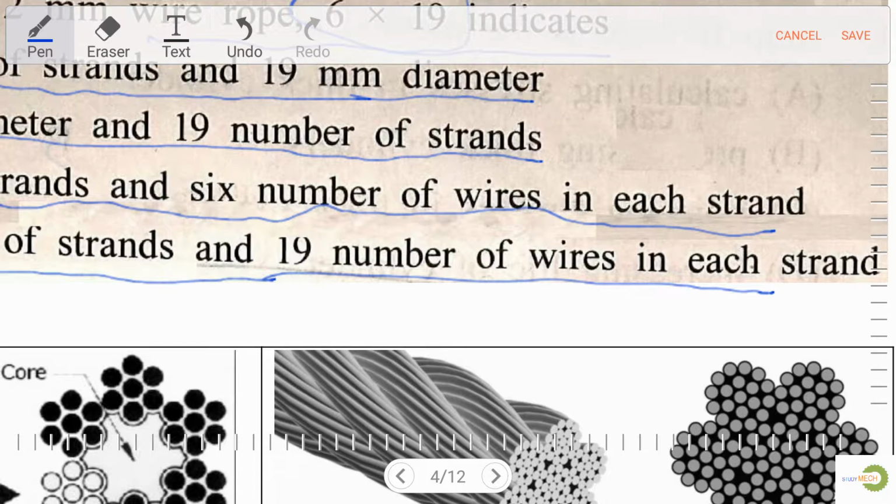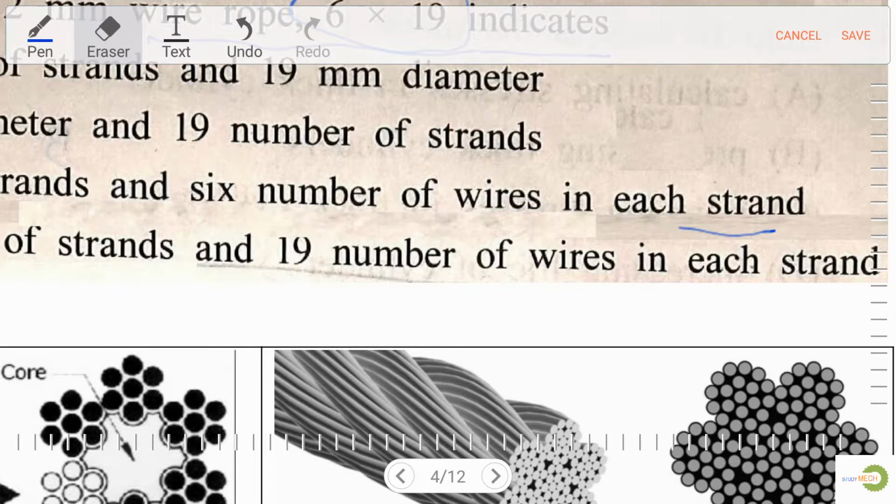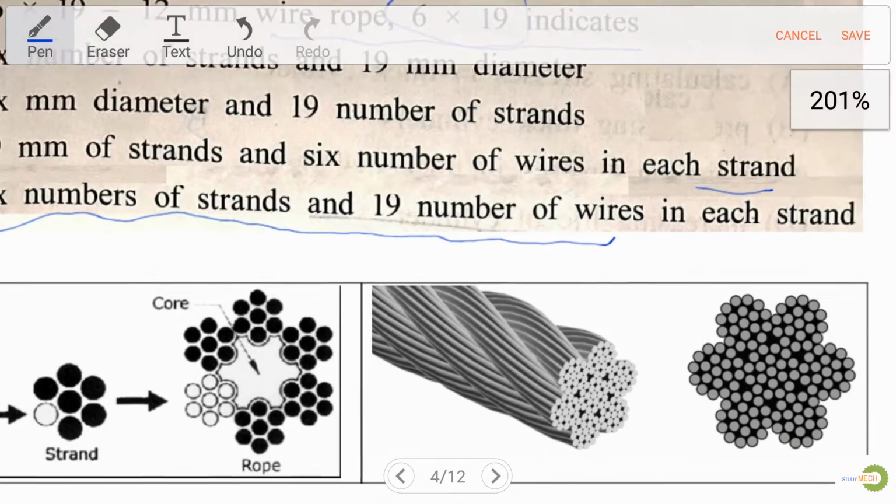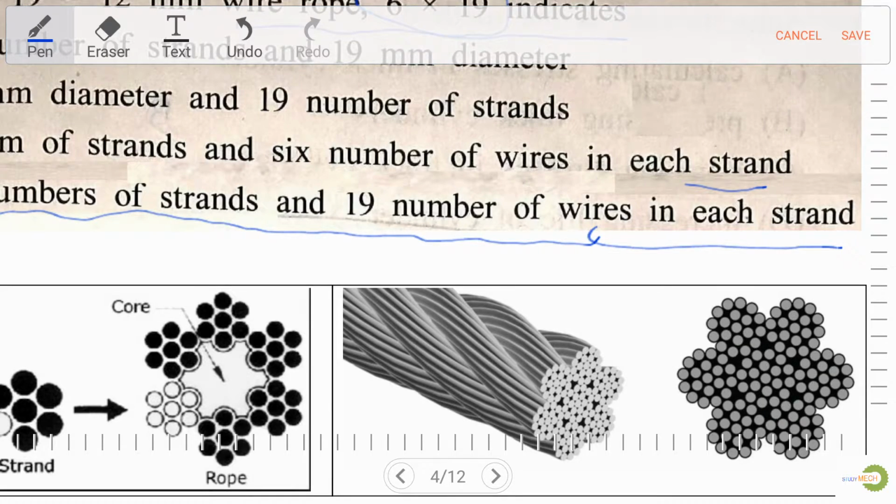So first of all, our right answer is option D, 6 number of strands and 19 number of wires in each strand.